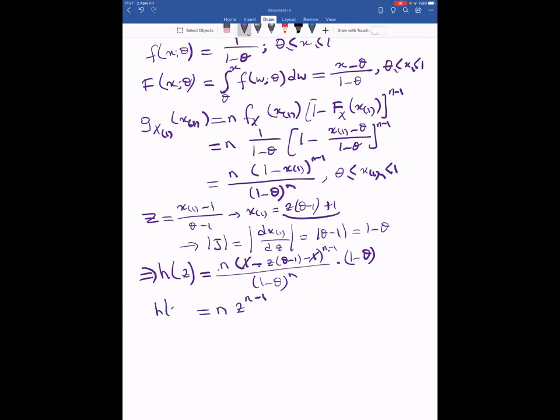minus 1. Okay, so we also have to check the range. So here x1 equals this one. Writing this again, we will have θ minus 1, z(θ − 1), 0. Actually, this quantity is negative.